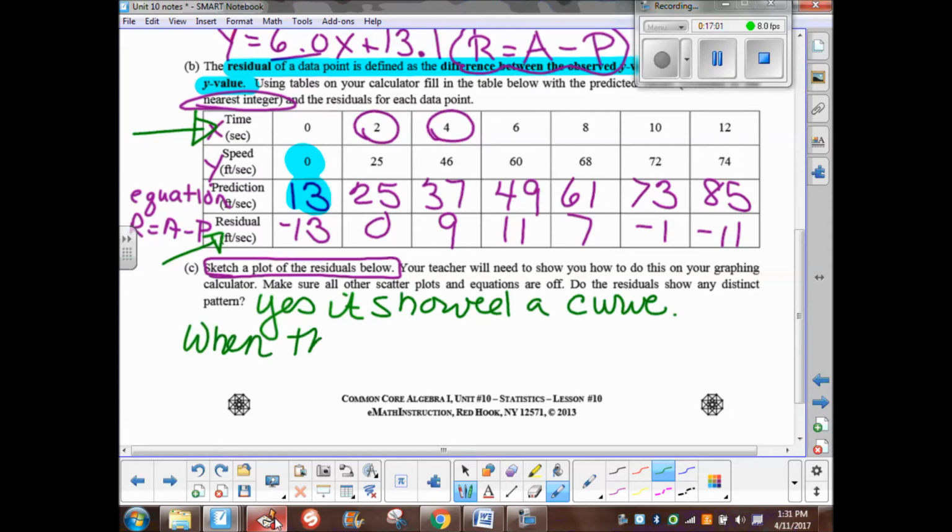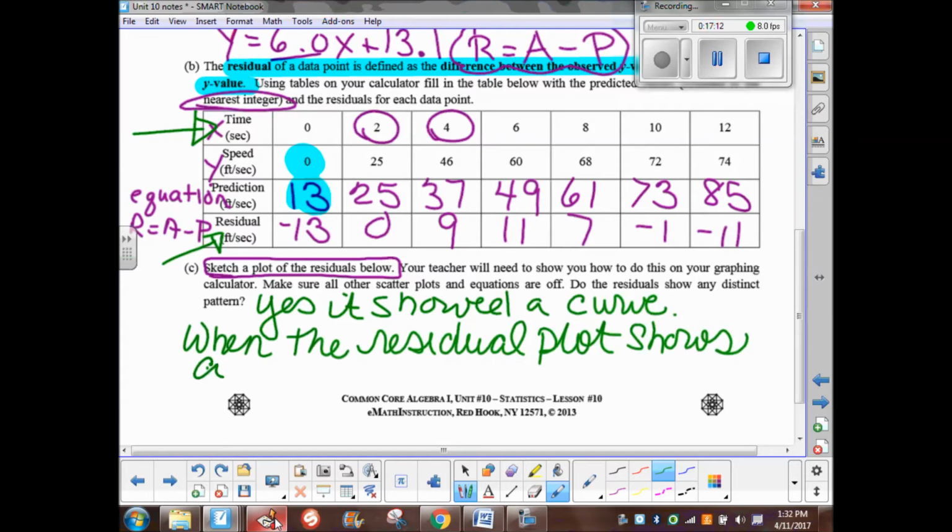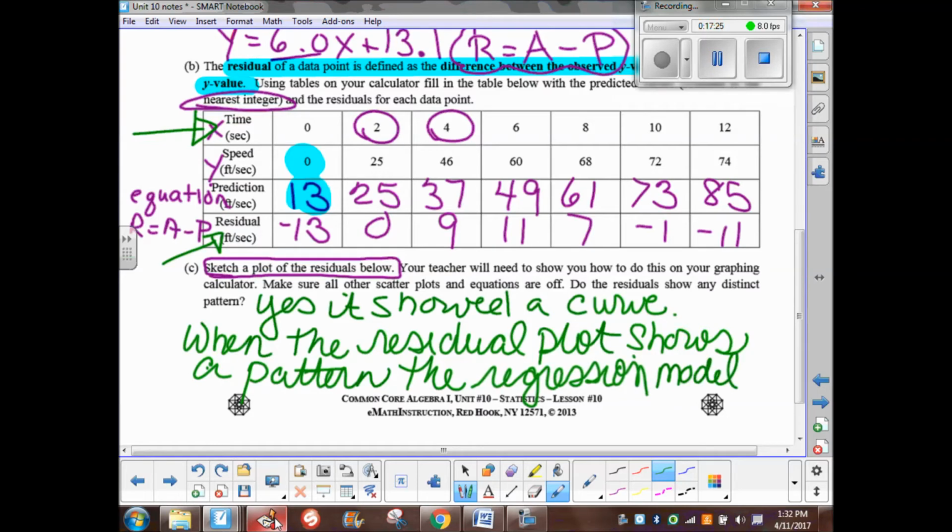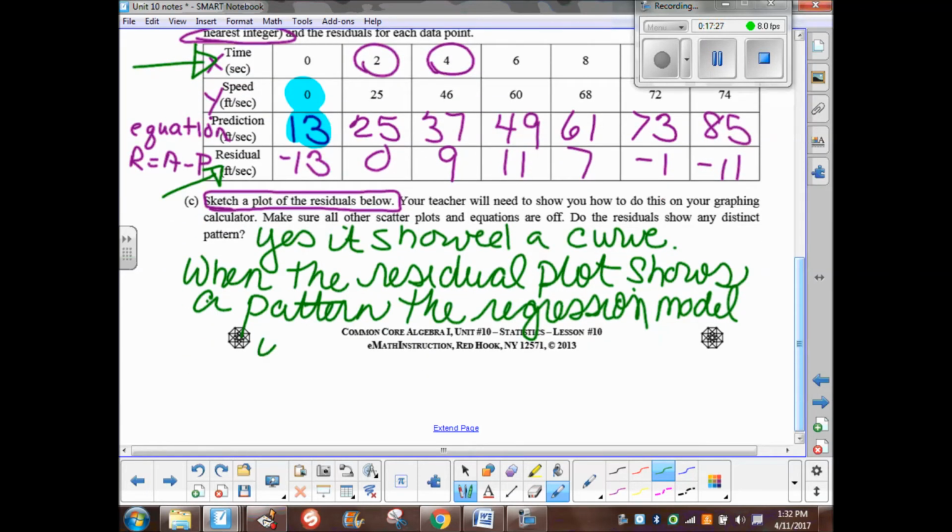When the residual plot shows a pretty distinct pattern, the regression model was not a good choice.